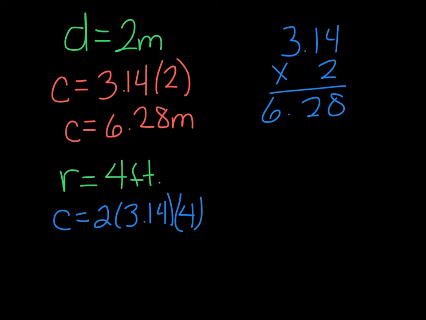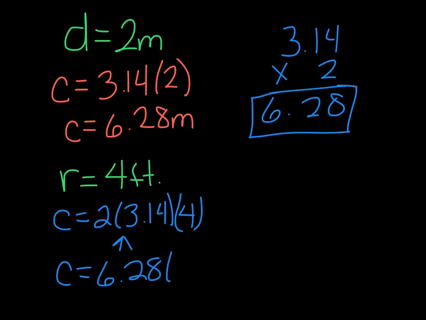So you could just keep this math right here and always plug that in for the radius. So you could say the circumference equals 6.28 times whatever the radius would be. This one it's 4. So when I multiply that out, I get 25.12 feet.